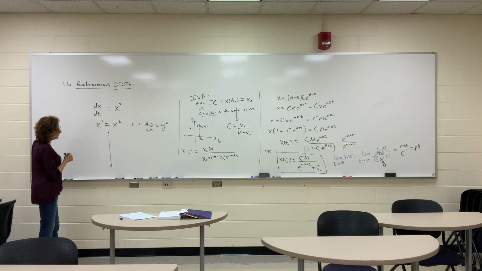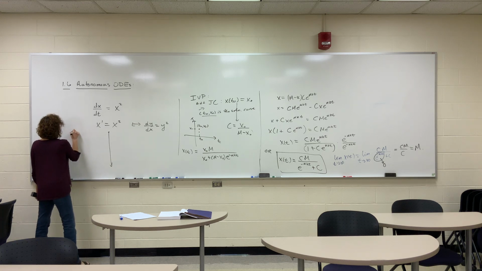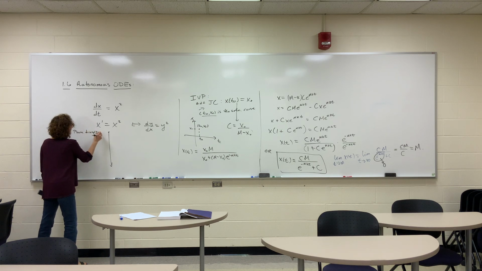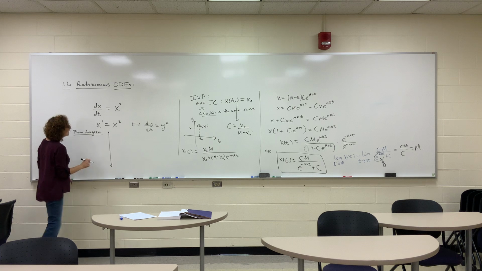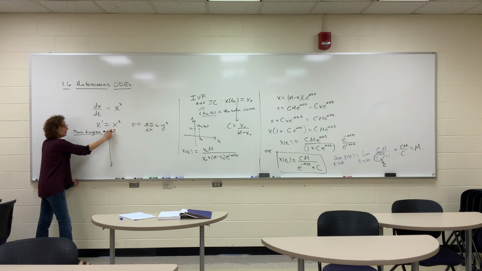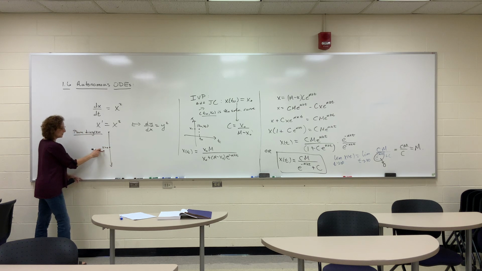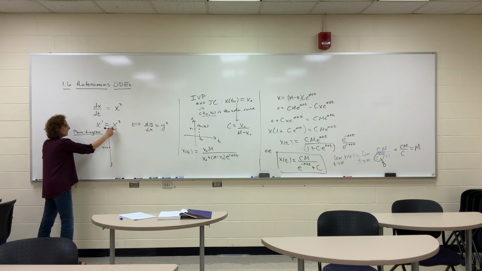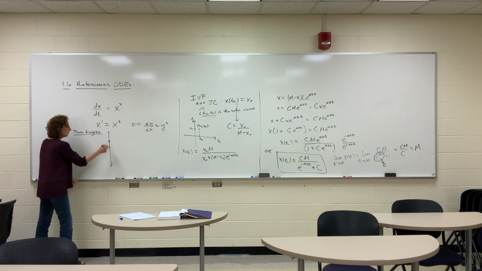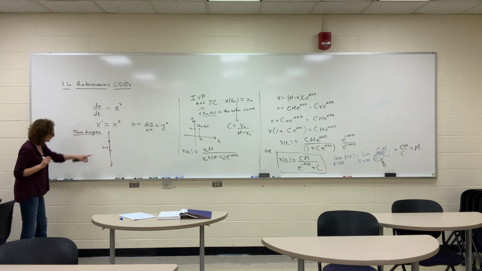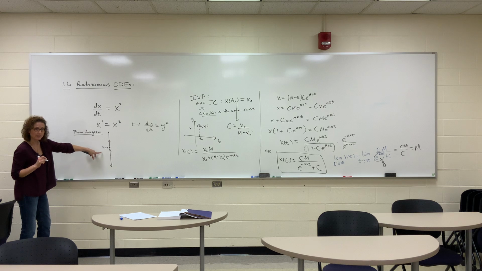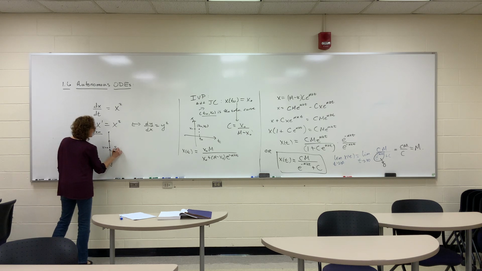We looked at it with phase plane analysis, but let's look at our phase diagram here. In this framework for our autonomous equation, how many critical points are we going to have? Just one, 0. x equals 0 is the only critical point. x squared is always positive, so solutions above are increasing, solutions below are increasing. What type of critical point does that make this? Good. Semi-stable.